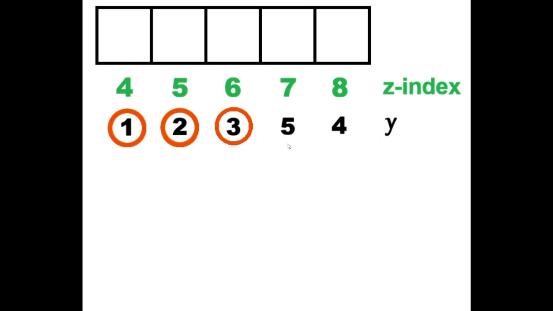What about the next set of numbers? Is 5 lower than 4? No, 4 is lower than 5. That's why we need to swap the 2. Therefore, after doing that, we need to check and see if we got all the numbers correct, and it looks like we do. 1, 2, 3, 4, 5, and they correspond to the correct z-index values as well.